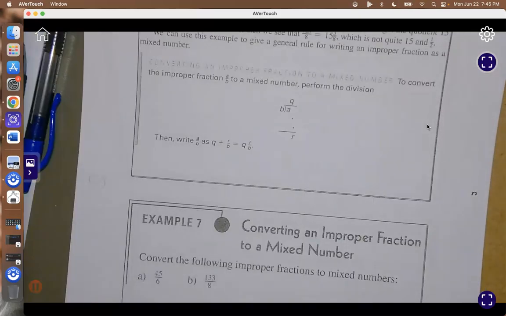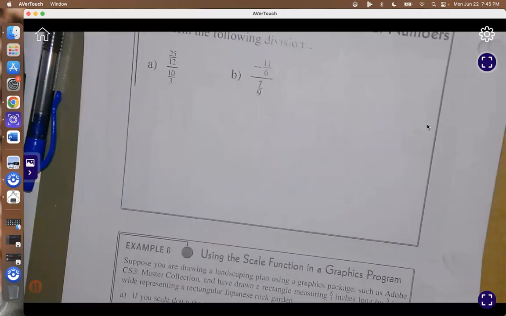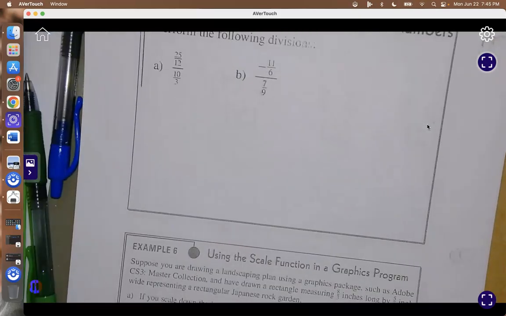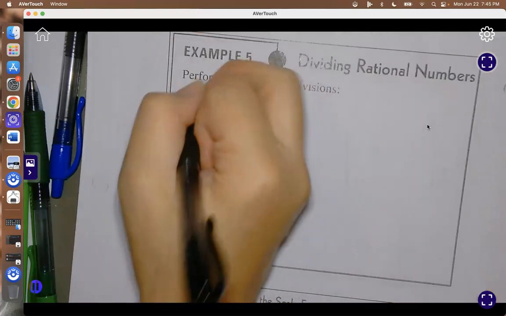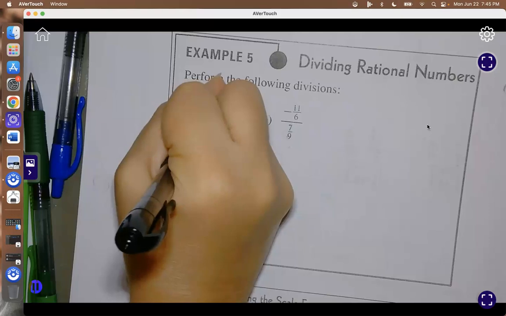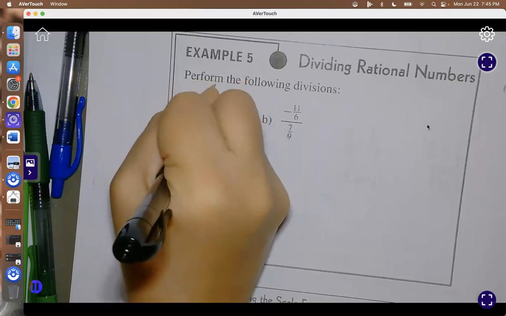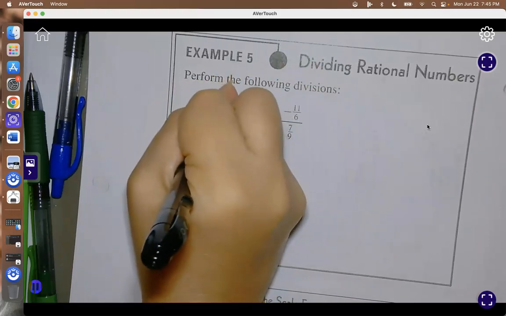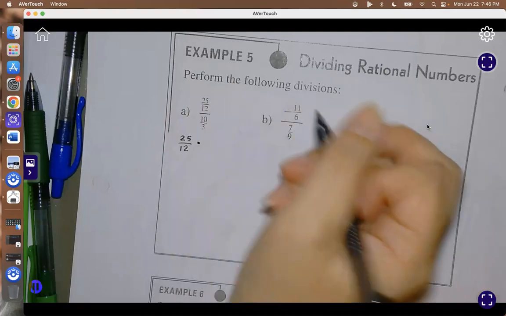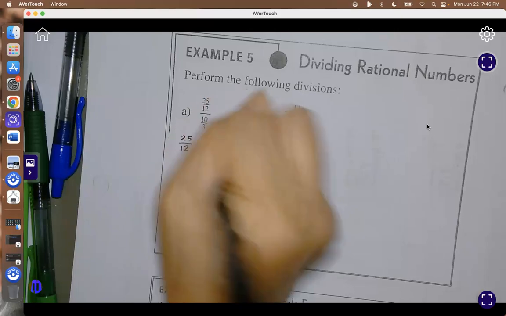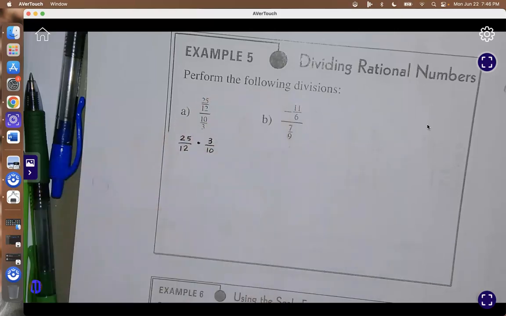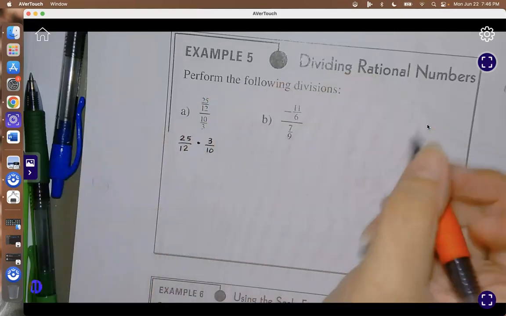All right. So here we go. We keep the first fraction the same, 25 twelfths. Change division to multiplication, and then we're going to flip this bottom fraction. Now we see if we can just reduce things because it's now multiplication.